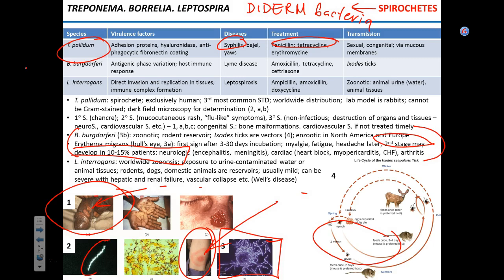The common symptom of secondary syphilis is a mucocutaneous rash, meaning a rash on the skin and in the mucosal membranes all over the body, and fever, like flu-like symptoms. A little disclaimer. Those symptoms, flu-like and rash, are common in people with secondary syphilis.